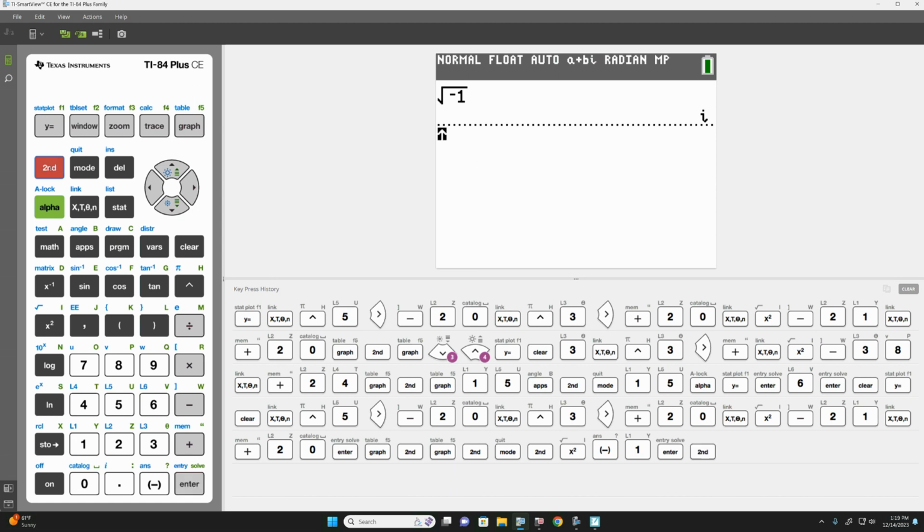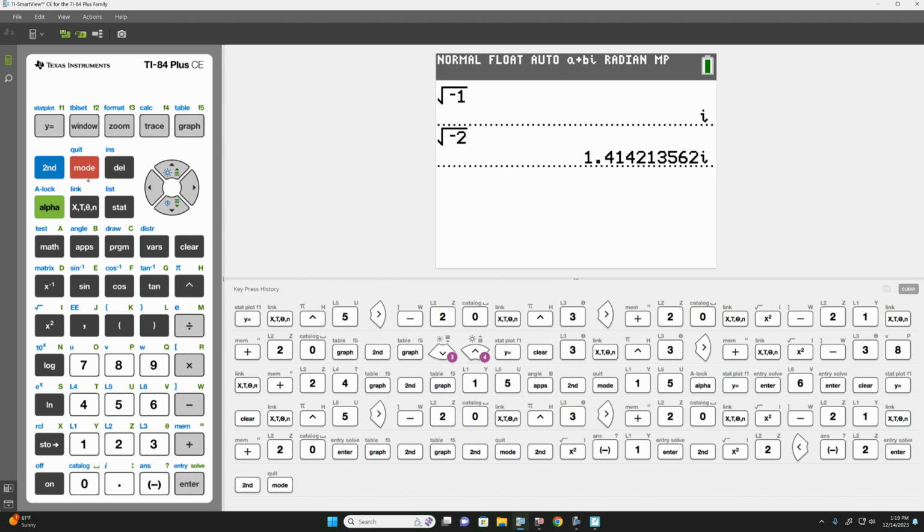Now we do need to be careful, because if we take the square root of negative 2, can we take the square root of 2? So up at the top, because we have normal, float, auto, the next one, does it say a plus bi or real? Or it probably doesn't say it at all.